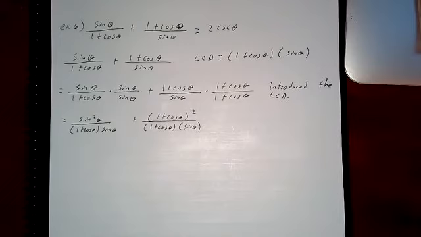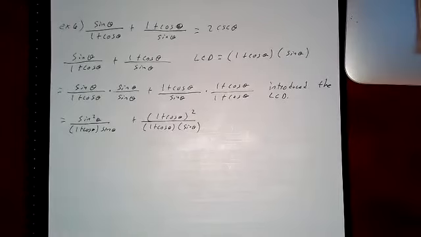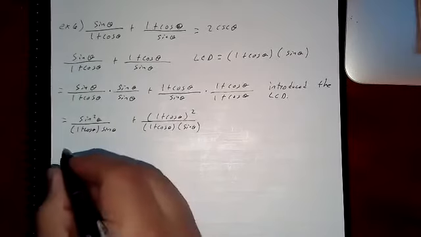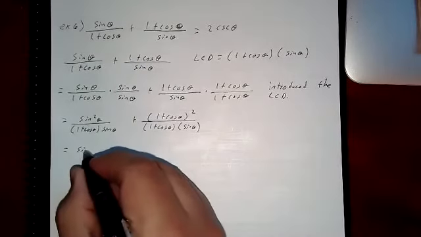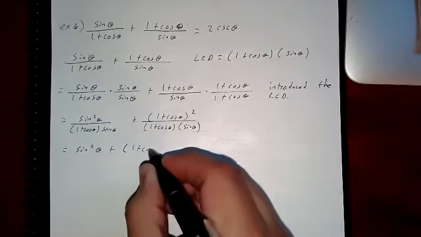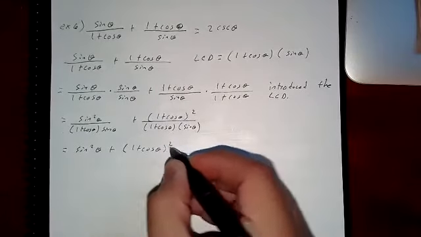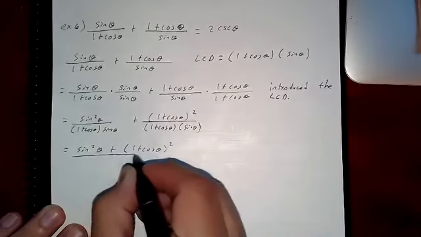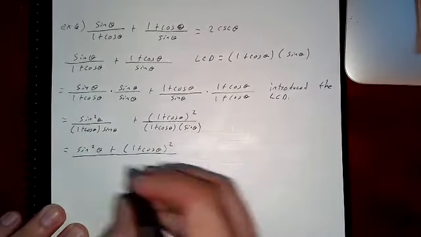So now we're just going to combine the fractions, right? So we will have sine squared plus 1 plus cosine theta squared all over the LCD.